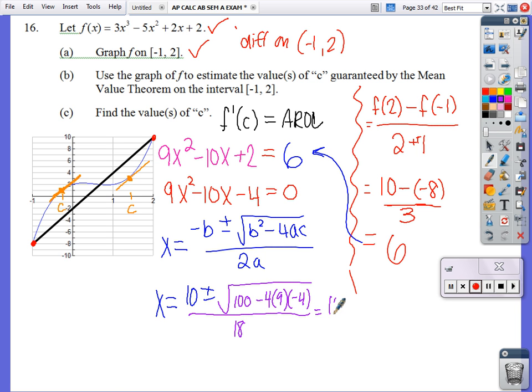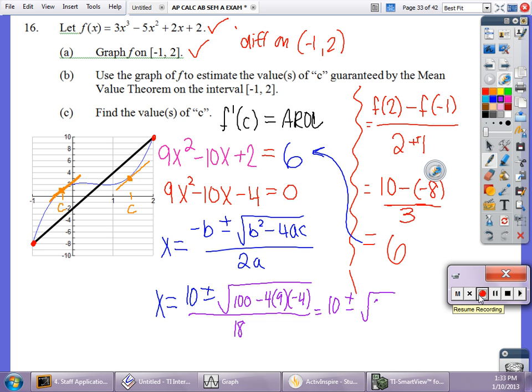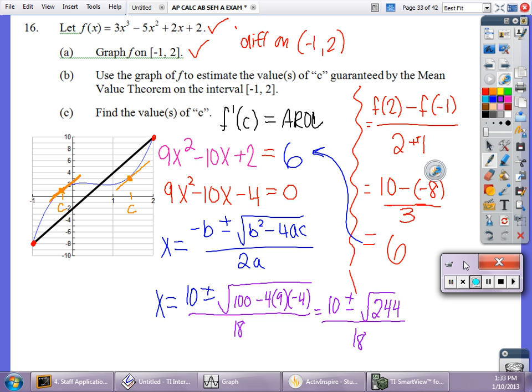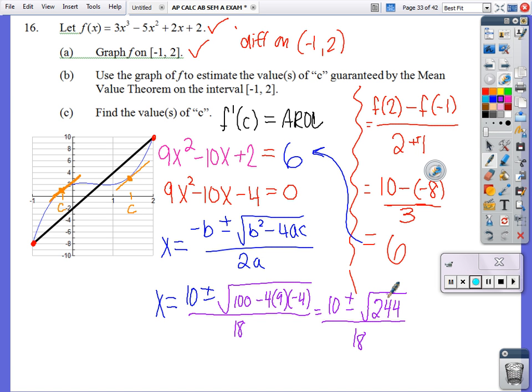And so we get 10 plus or minus the square root of 244 all over 18. And 244 is not a perfect root, therefore we could simplify it by simplifying the root, but at this point that would actually be an accurate value for c. One of them would be plus, one of them would be the negative value.